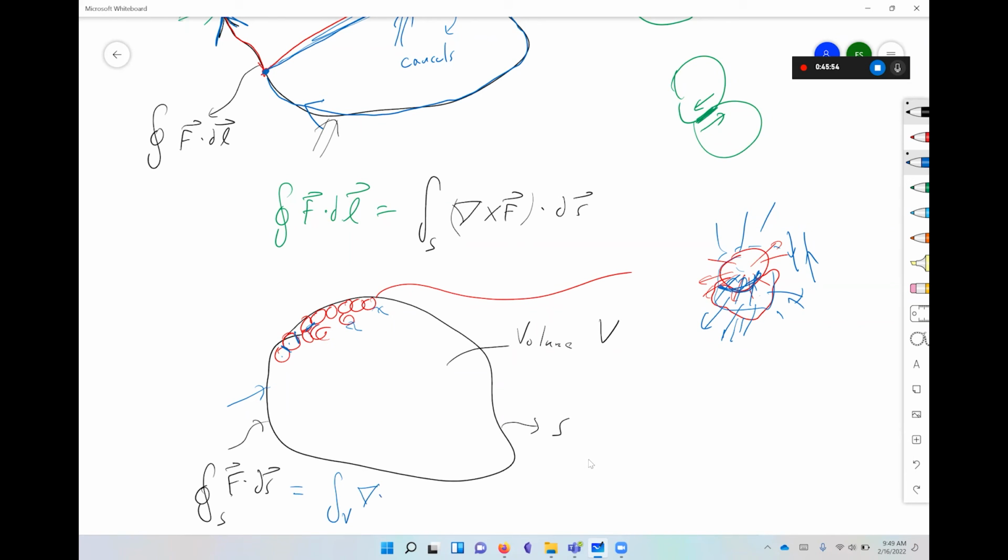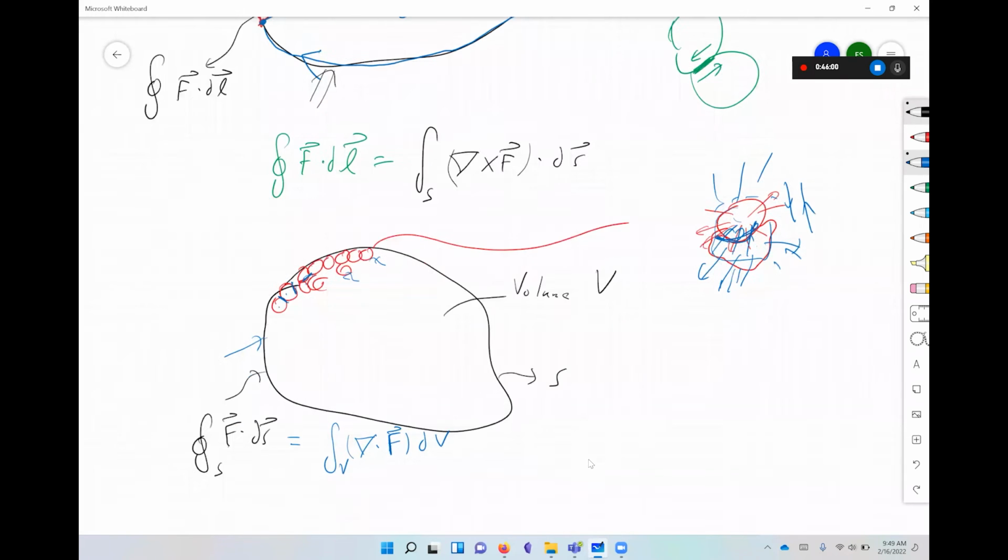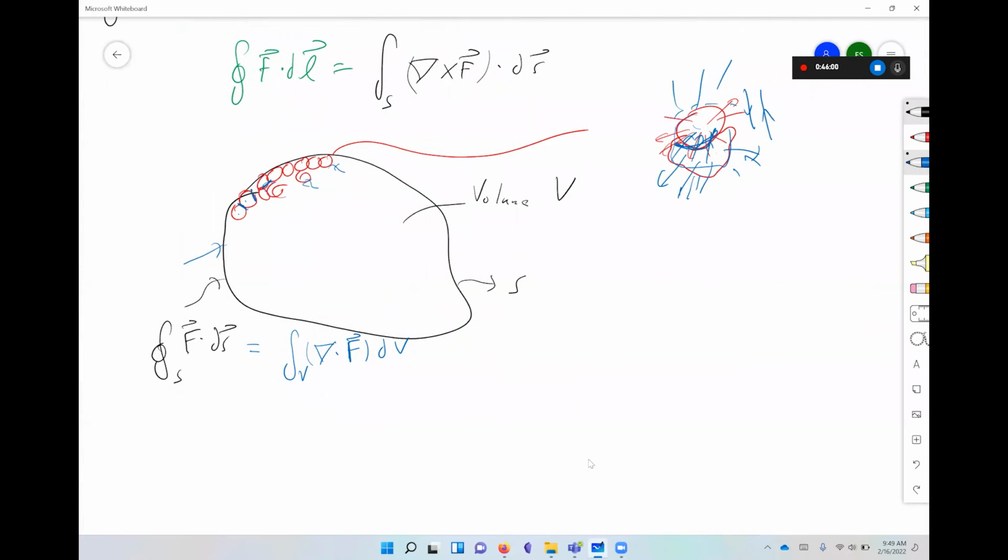The sum of the divergences, tiny fluxes over a volume, dV. So when you think about it from this perspective, the divergence theorem and Stokes theorem are really natural. It's the idea of taking a big boundary integral and chopping it up into integrals in the interior of it.